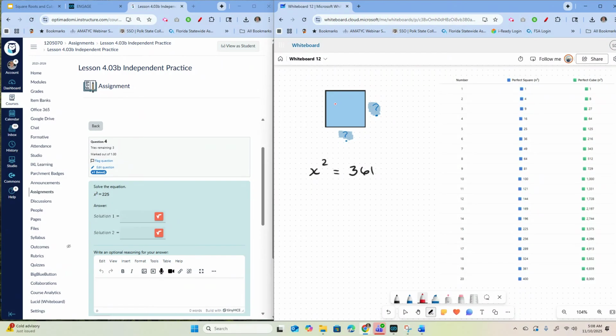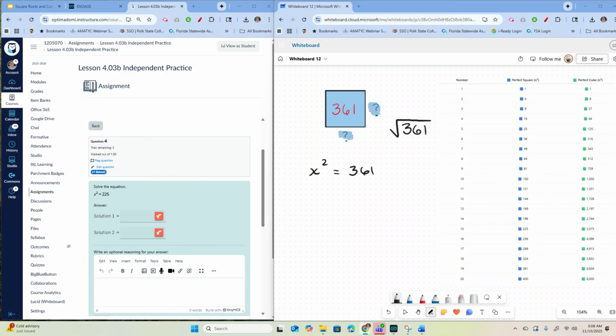Imagine that inside the square you have 361, and you want to find out what number you write on each side of the square. Remember, each side of the square is exactly the same. So when you multiply, it gives you 361. Like we did in the previous class, this is square root. So we're doing the square root of 361.